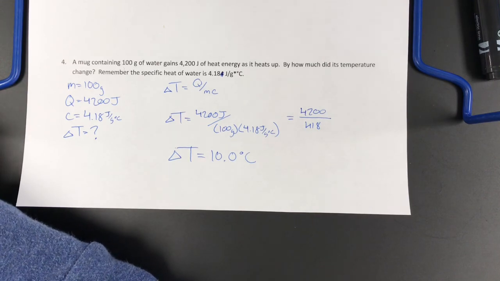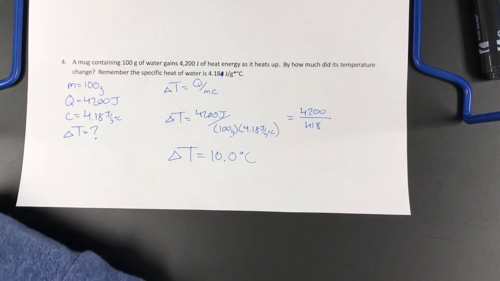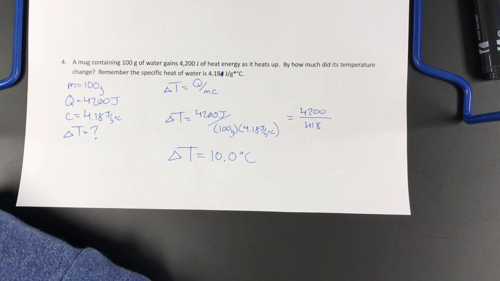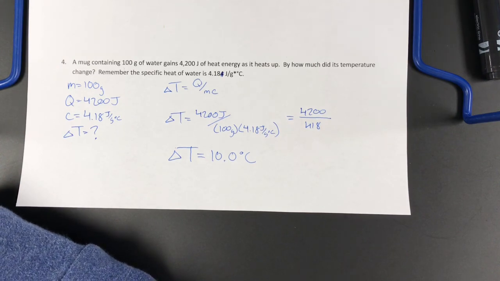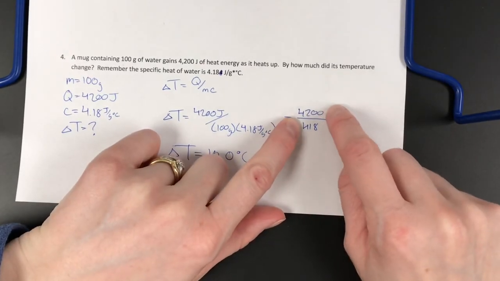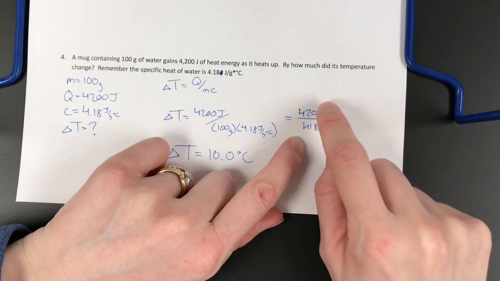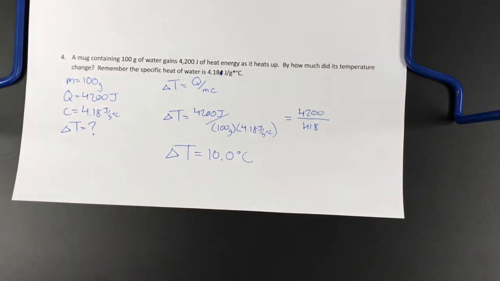I did 100 times 4.18, and you got 418. Divide that by... you need to do 4,200 divided by 418. So clear your calculator, then do 4,200 divided by 418. And then are you getting 10?